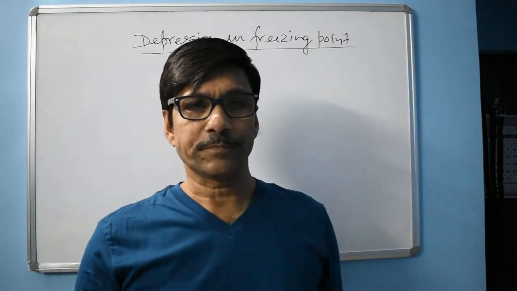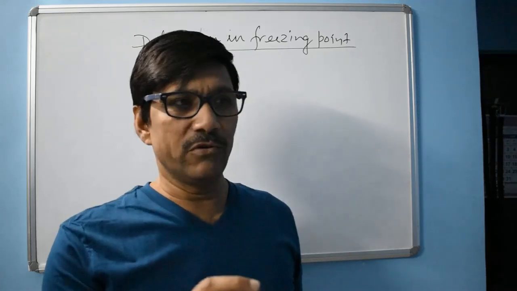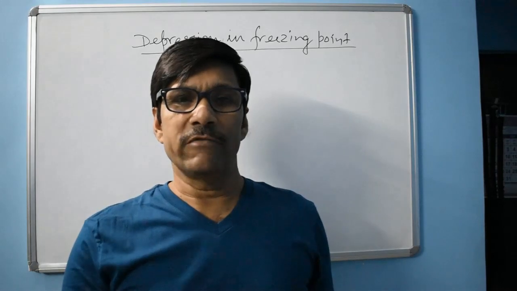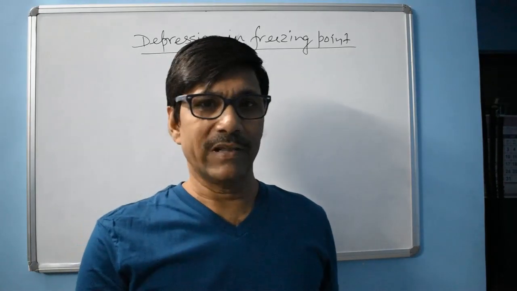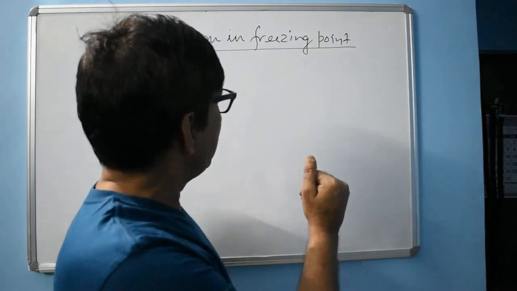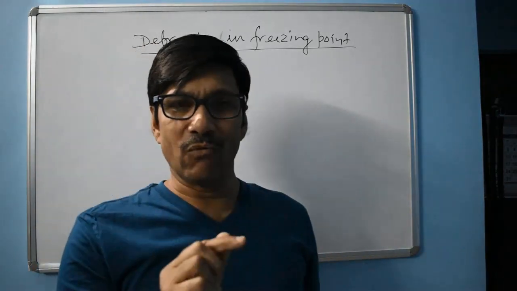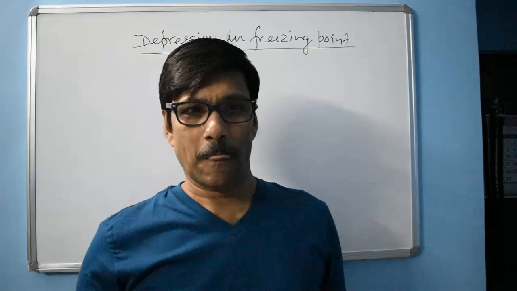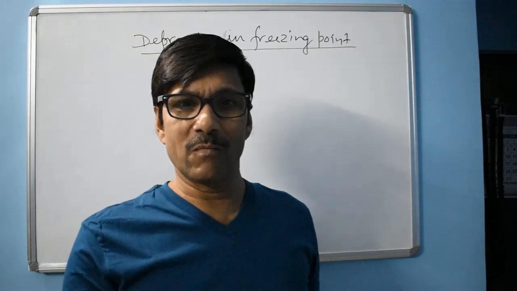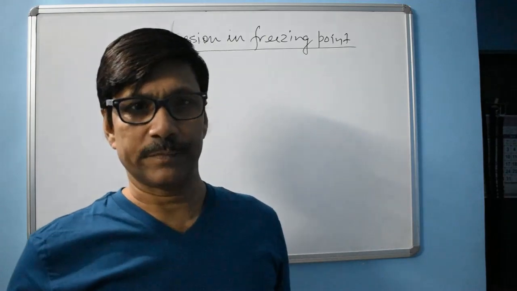It means, for example, suppose if you take 1 kg of water and in that you have dissolved 60 gram of urea, that is 1 mole of urea, its freezing point is decreased by 1.86, means this solution will freeze at minus 1.86 degrees Celsius.